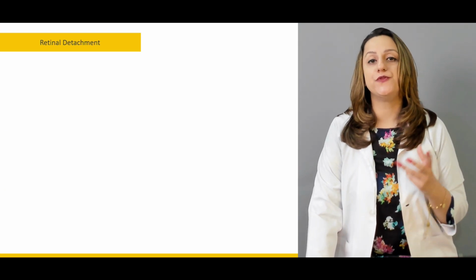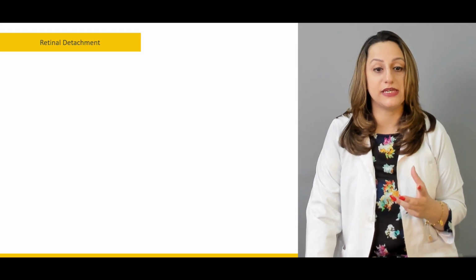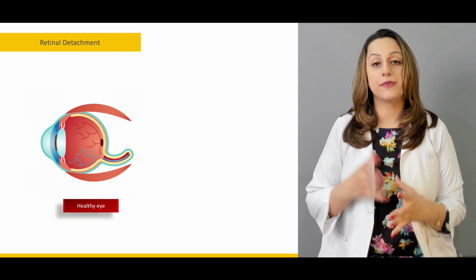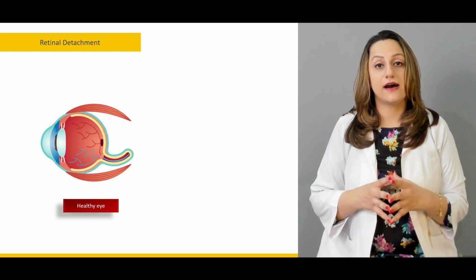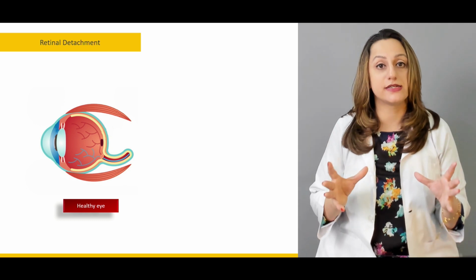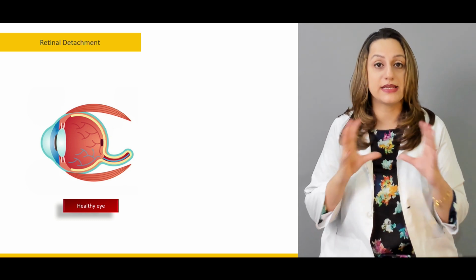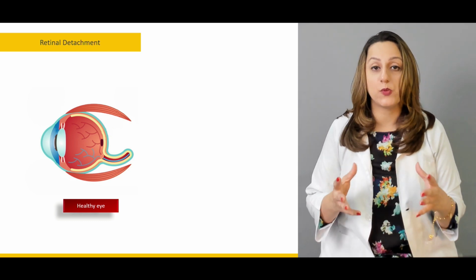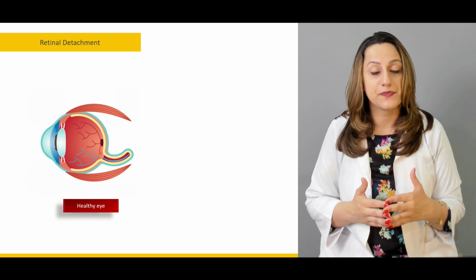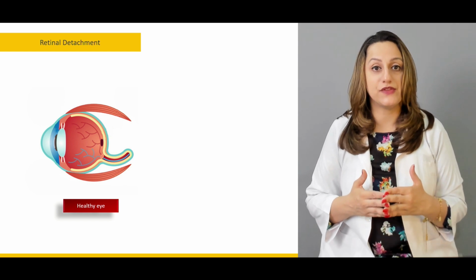First of all, just reviewing the applied anatomy of the retina. Comparing a healthy eye, we know that there are three protective layers present around the eyeball, known as the sclera. We have the choroidal layer, and finally, we have the retinal layer.